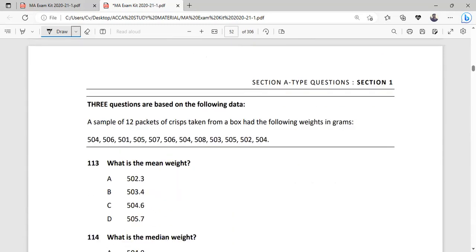Then we have the next one. What is the mean weight? Mean weight is the sum of all the values.